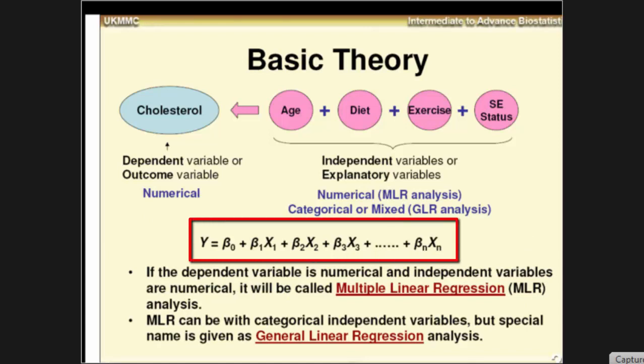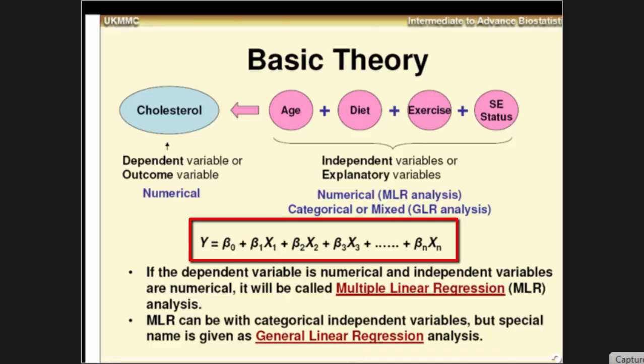The formula for multiple linear regression is like this. You can see it's a very long formula, but it all comes from the basic formula. The basic formula is y equals a plus bx. So here y equals a becomes beta 0 plus beta 1 x1 plus beta 2 x2, and so on and so forth.